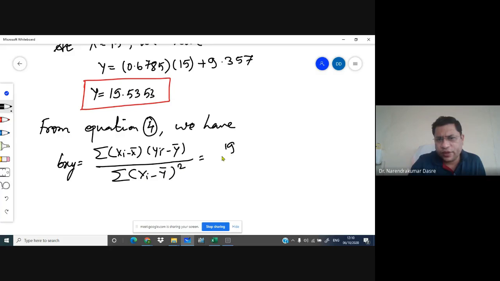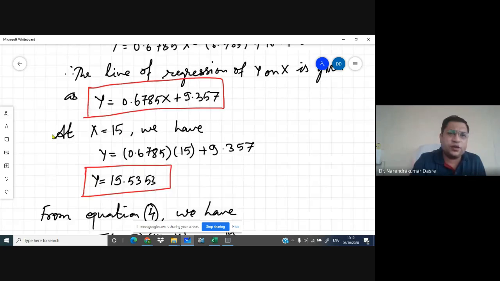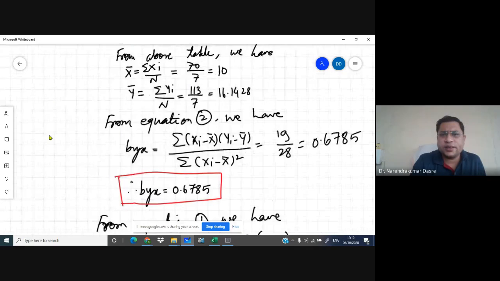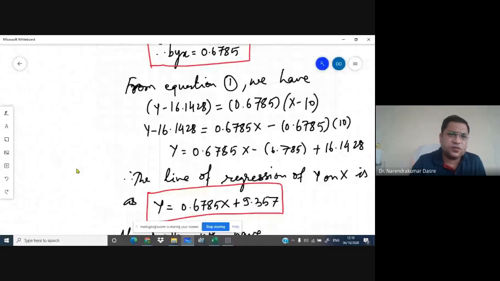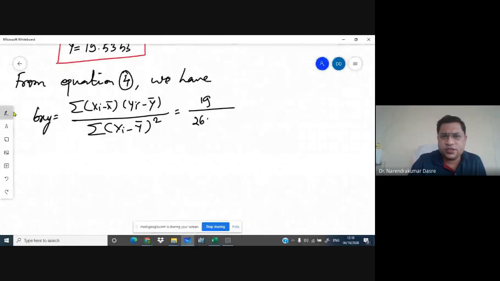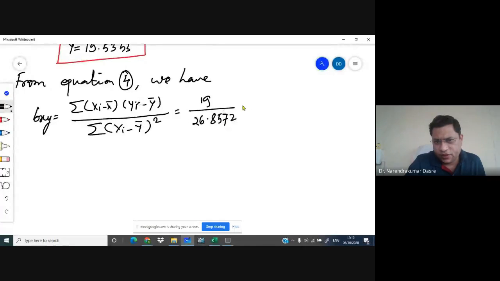This is going to be 19, and the denominator is what we obtained from the table, 26.857. That's the value you have obtained. And hence, what is the value of bxy now?